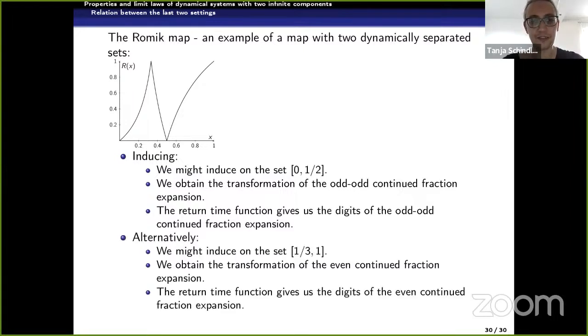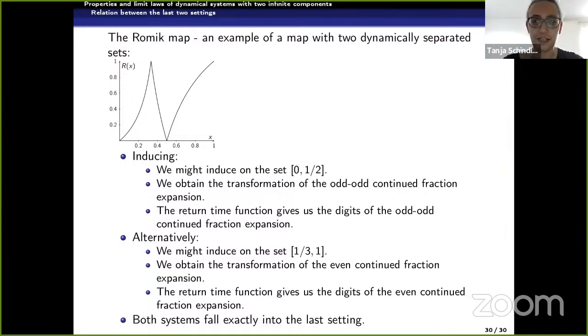And we can also alternatively induce on the set 1/3 to 1, and then we basically get the same situation for the even integer continued fraction expansion. And we are again in the same situation as before. As said, both systems fall exactly into the last setting.